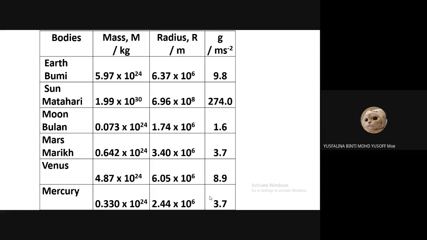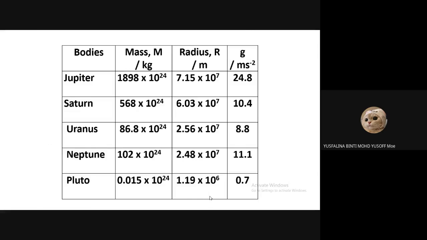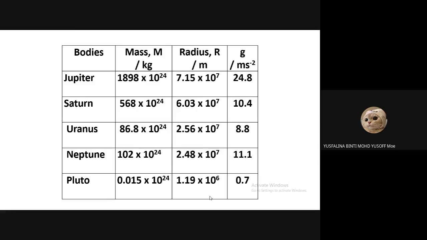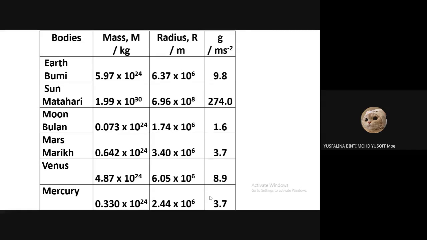Oh, okay. Thank you. Okay, the gravitational acceleration: which planet has the largest gravitational acceleration? The planet is Jupiter. The sun is not a planet, the sun is a star, so it's not counted, even though we know it has the highest gravitational acceleration.